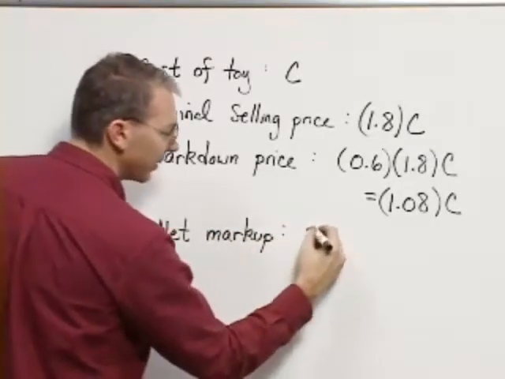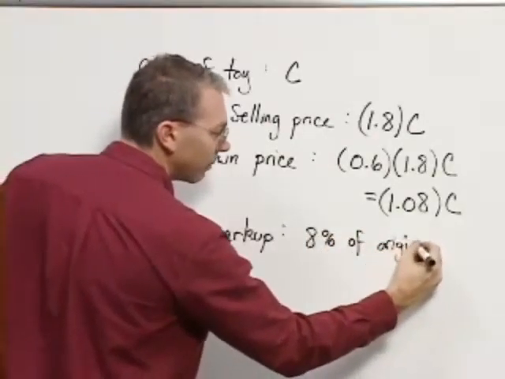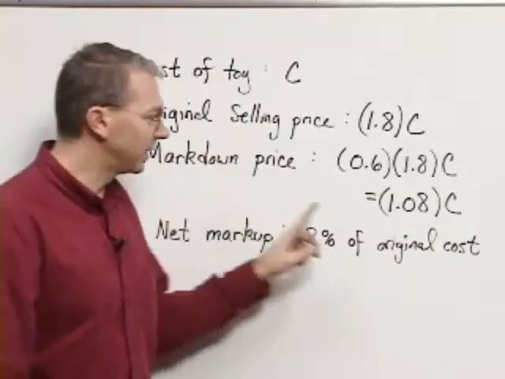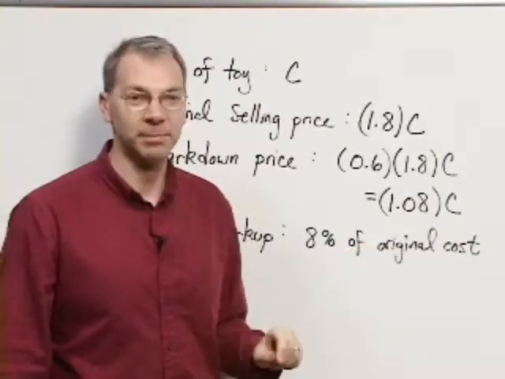And that markup is 8% of the original cost. How do you see that? The markdown price is a little bit more, 8% more than 1C.